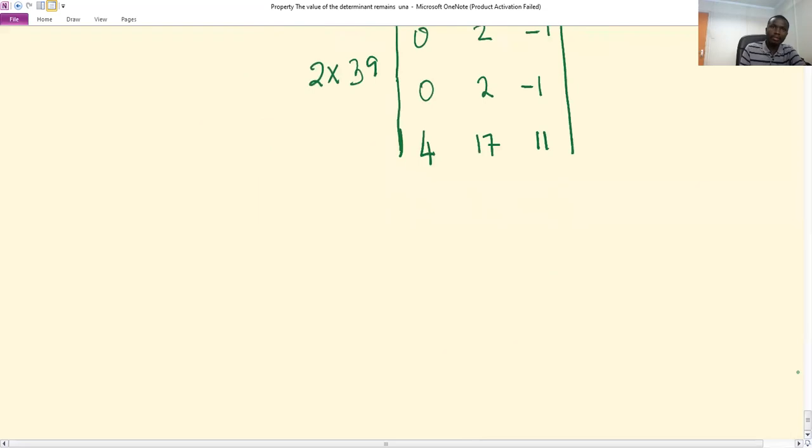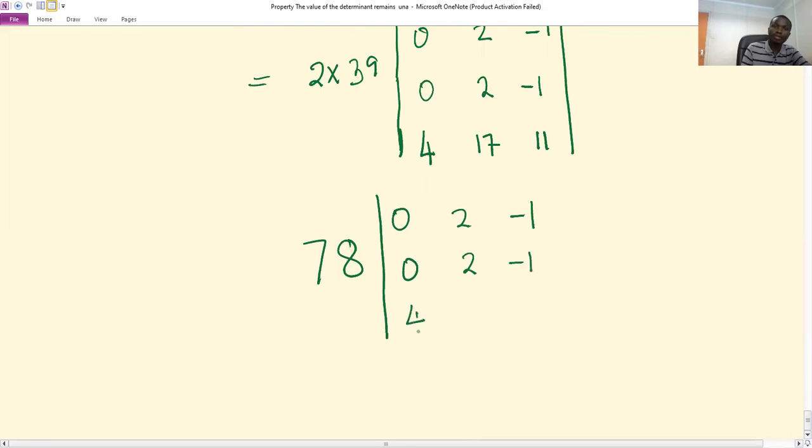So 39 times 2 is 78. So I have 78 determinant of 0, 2, minus 1, 0, 2, minus 1, 4, 17, and 11.